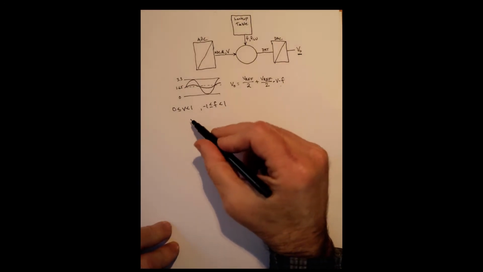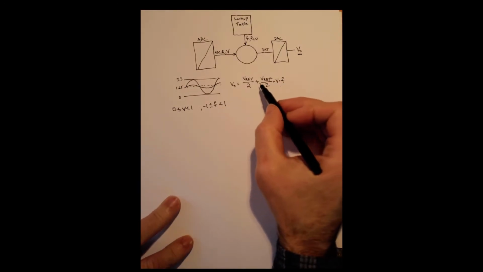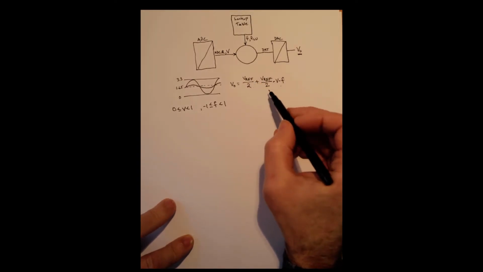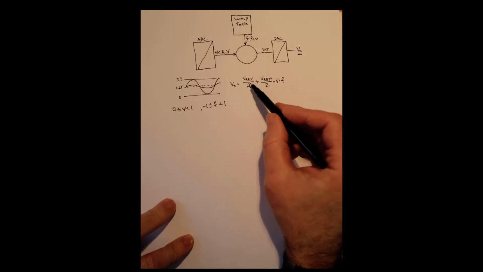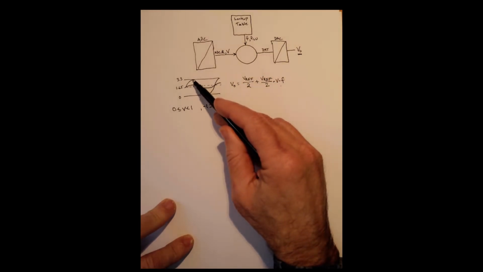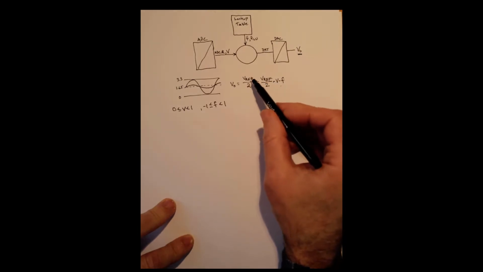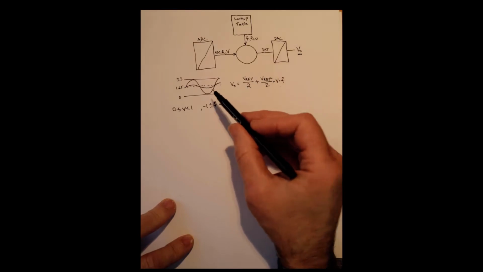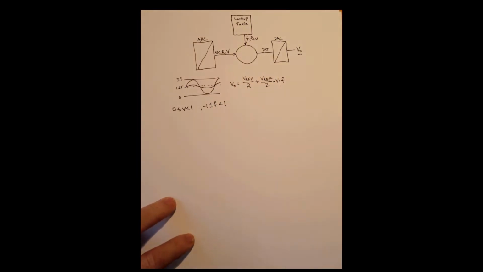And so if this is the case, then we know that the range of this equation is Vref over 2 plus Vref over 2, so that's Vref, or full scale, to Vref over 2 minus Vref over 2, which is 0, and that's this value here. Okay? So this is just regular math. It's straightforward, nothing new, but this isn't all there is to it.